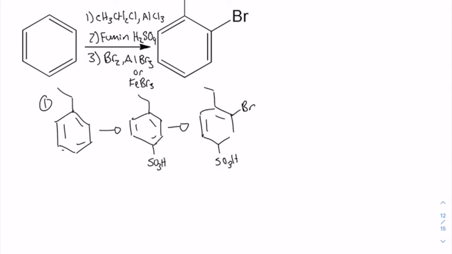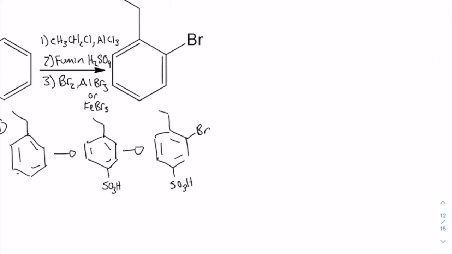So now we have the ethyl, we have the bromine, and we have to get rid of the sulfur, right? We have to get rid of the blocking group. So the next step will be step 4, and we're going to remove the sulfur.